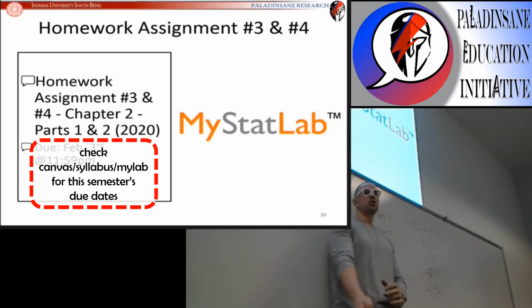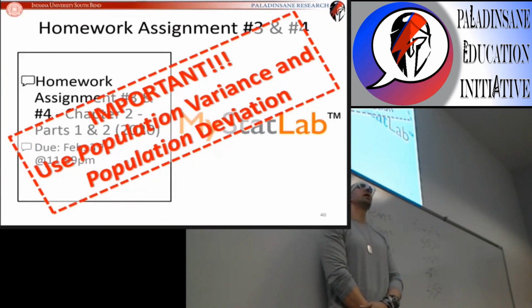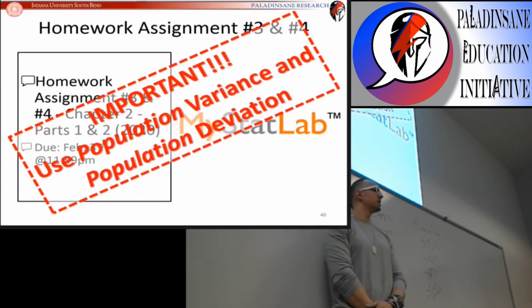But just a final reminder, in this class and on the exams, typically, we're going to be using measures of samples, so sample variance, sample standard deviation. However, at this point, your textbook has made the decision to just use the population versions of these equations.